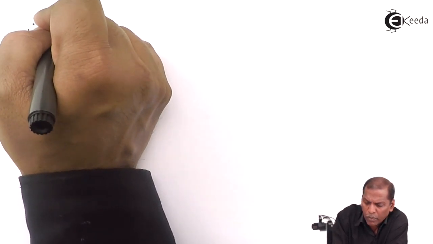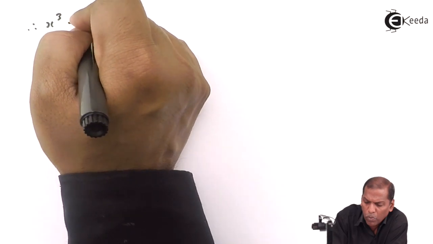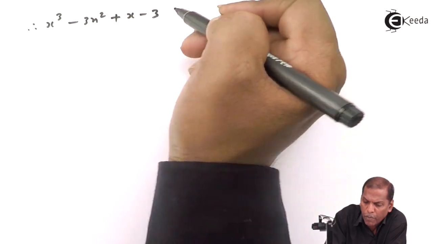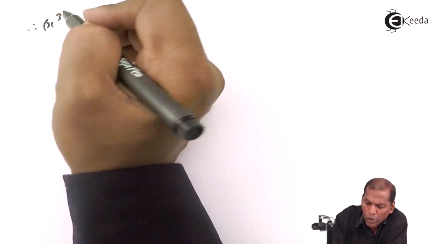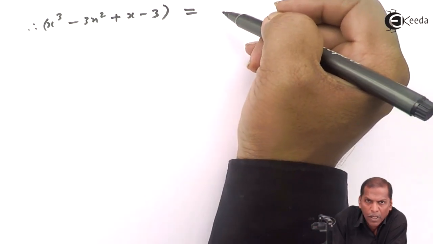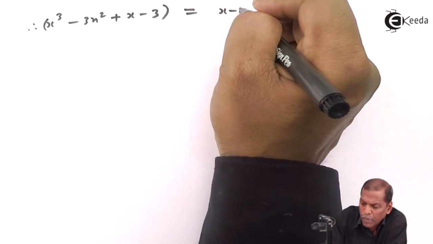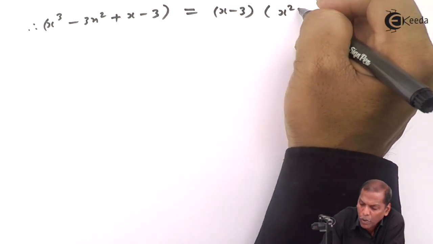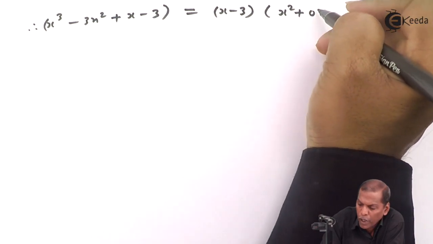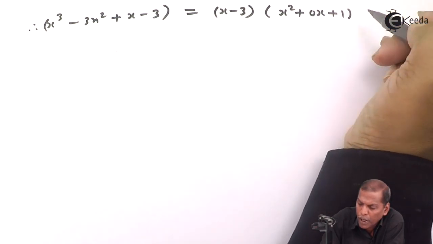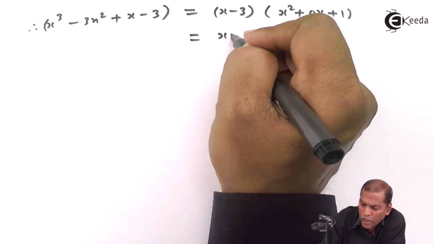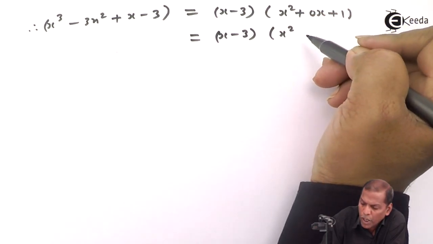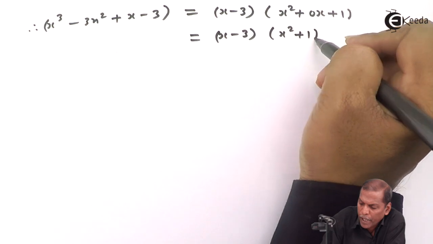Therefore the term x cube minus 3x square plus x minus 3 can be factorized as x minus 3 as one factor, and the second factor is x square plus 0x plus 1. So that can be written as (x minus 3) and the second bracket (x square plus 1).